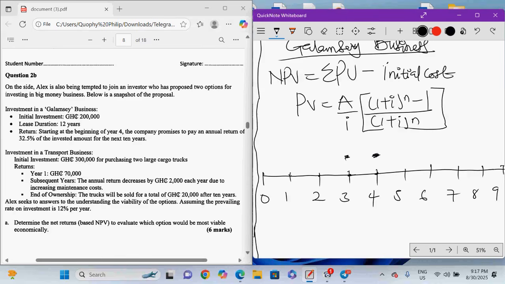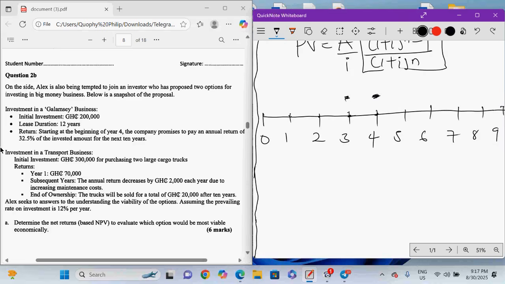Okay. So here, they are saying that the return is 32.5% of the invested amount. So what is the return? Return is 32.5% of the invested amount. How much did you invest? We invested 200,000.